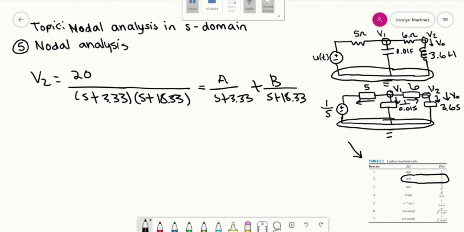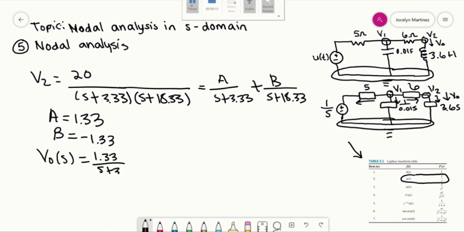Using the cover-up method, by multiplying by s plus 3.33 and setting s equal to negative 3.33, we obtain that a equals 1.33. And if we multiply by s plus 18.33, set s equal to negative 18.33, we obtain that b equals negative 1.33. So plugging in these values, we get V0 of s equals 1.33 divided by s plus 3.33 minus 1.33 divided by s plus 18.33.